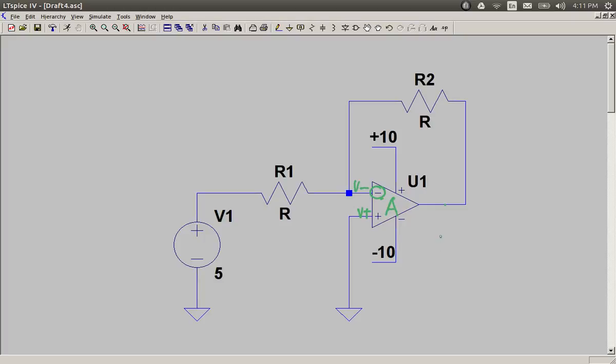So the output, V output, is equal to the amplification A into V plus minus V minus. And this is called negative feedback.